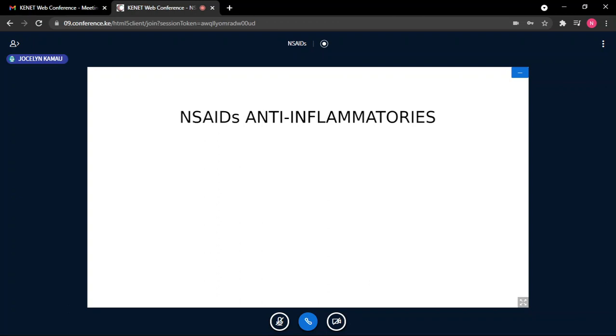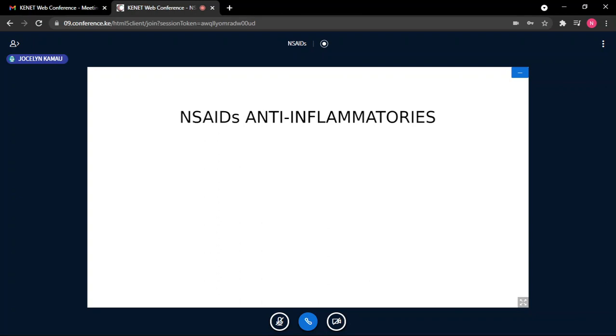So when we look at these drugs, the non-steroidal anti-inflammatories, let us be reminded that we are coming from the prostaglandin and we are developing a molecule that should go for the same site. It should go for the same site as arachidonic acid on the COX enzyme. So the molecule which we are calling the non-steroidal anti-inflammatory should have competitive inhibition, should inhibit arachidonic acid from binding the COX enzyme. So what does that tell us?